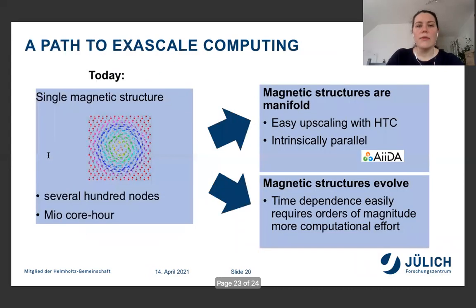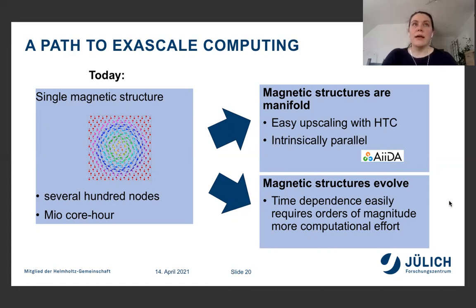And when they come, it will be very exciting because it opens, again, further possibilities. I was talking about a single magnetic structure which already can use up to 1 million core hours, but with an exascale machine, it will be possible to relax the system, to understand how it evolves in time.